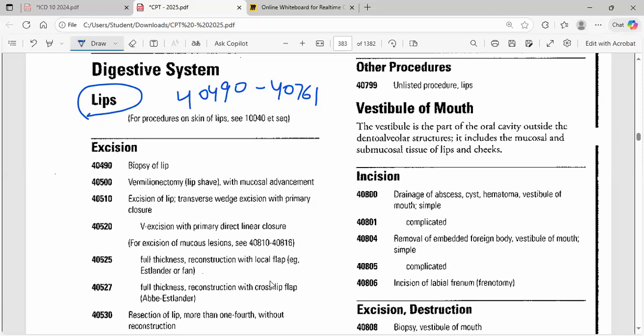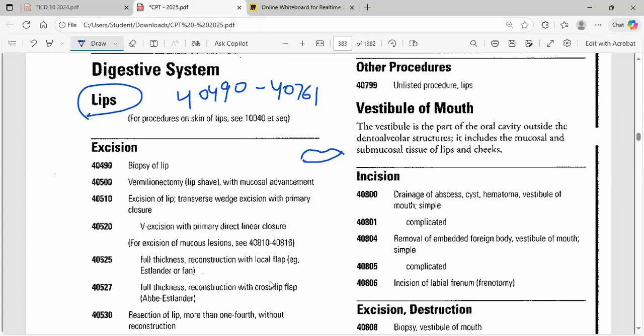Basically lips are composed of skin, muscle, and mucosa, and they are divided into three main regions: cutaneous, vermilion, and mucosal. Cutaneous means the skin area, then the vermilion border. Let's say this is the lips. So the vermilion border and the mucosa area, the internal part of the lip.